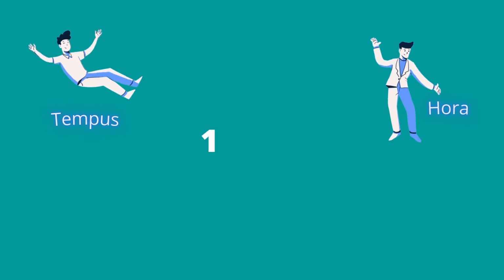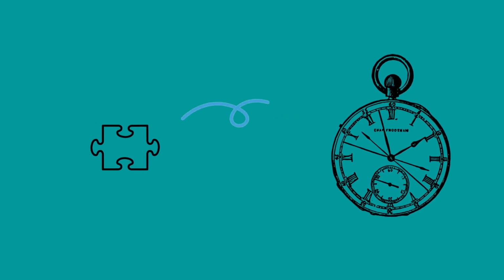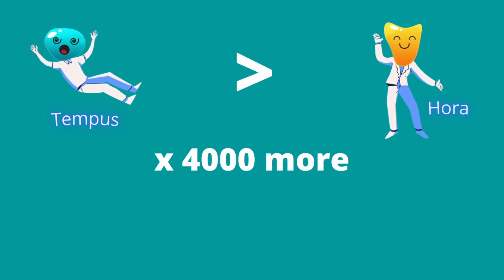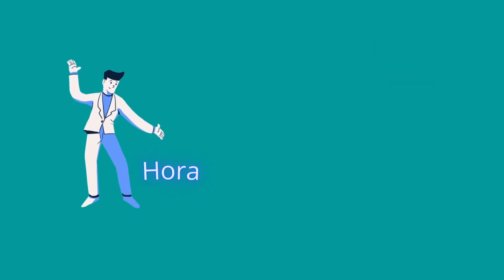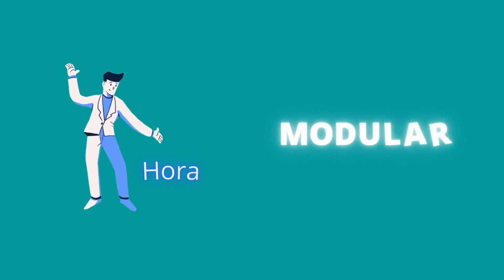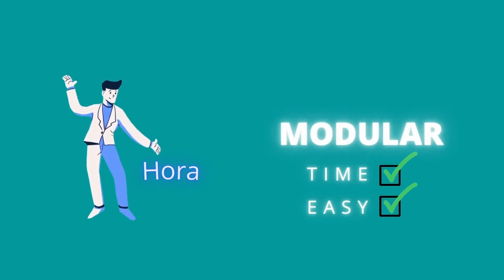If there is one chance in 10 that either watchmaker will be interrupted while adding any one part to an assembly, then it will take Tempus on average about 4,000 times as long to make a watch as Hora. Hora at the time might not know this, but he was making his watches more modular. This not only saved him time but made his work easier.